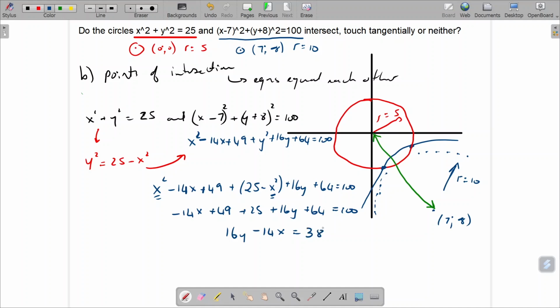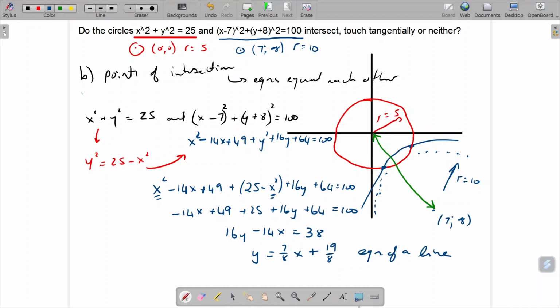Now, if you looked at this a little bit more closely, you'll see that this is the equation of a line: y equals 7 over 8 x plus 19 over 8. And what you see is that you're not getting the equation of a point. This is the equation of a line.